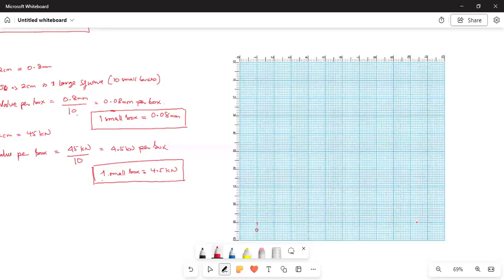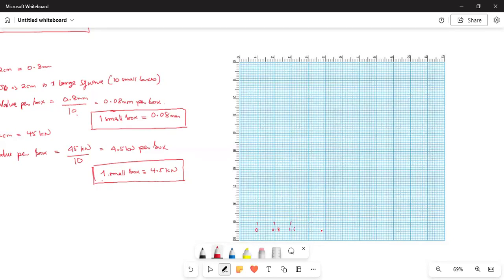So this is the extension axis. If this is the extension, my interval is 0.8. So the first one is 0.8. In multiples of that, 0.8 plus 0.8 will be 1.6.